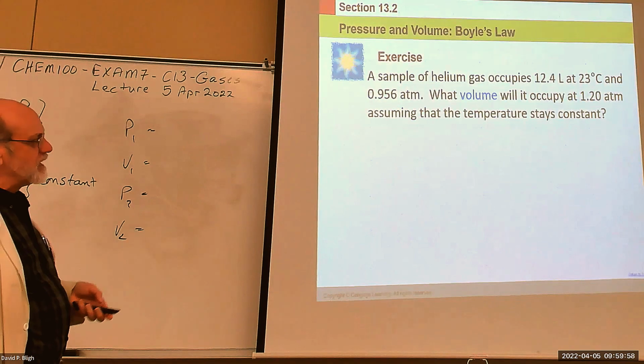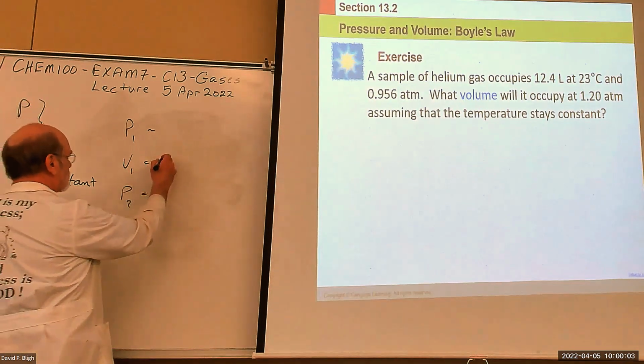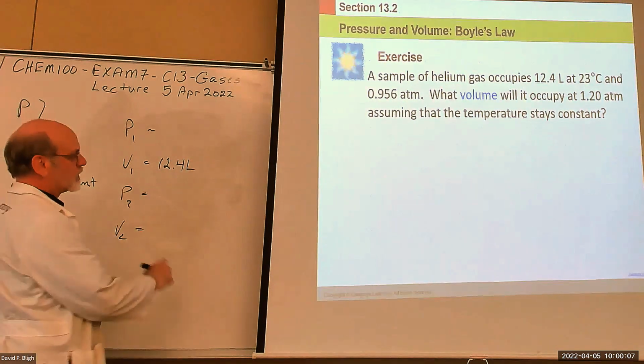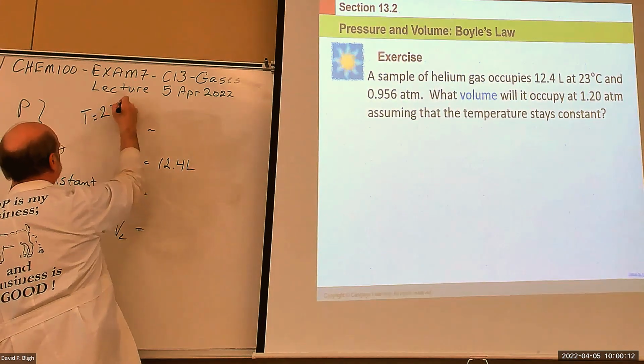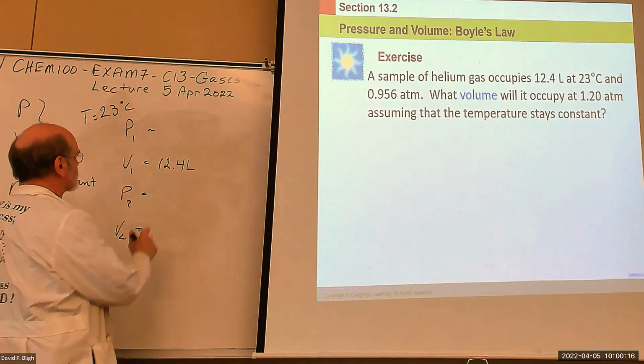So a sample of helium gas occupies 12.4 liters at 23 degrees C temperature and 0.956 atmospheres.